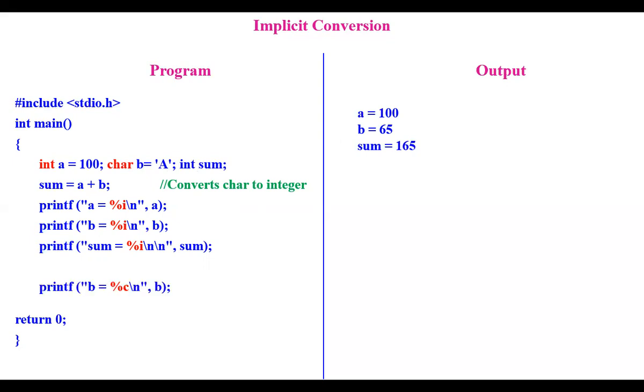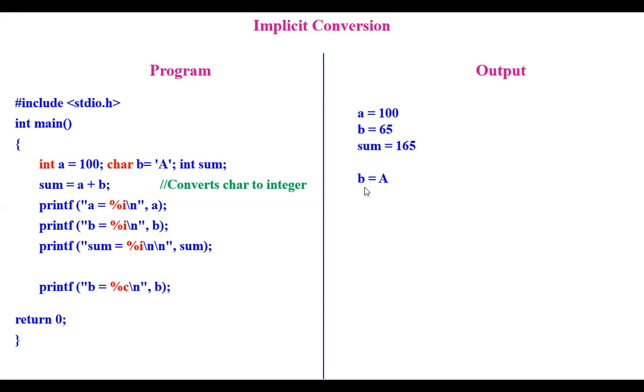Clear? Here you may be wondering what happened to my letter B, the character variable which we have taken. It is a character. Is there any change to this B? Let us see. I want to display this B as a character here.